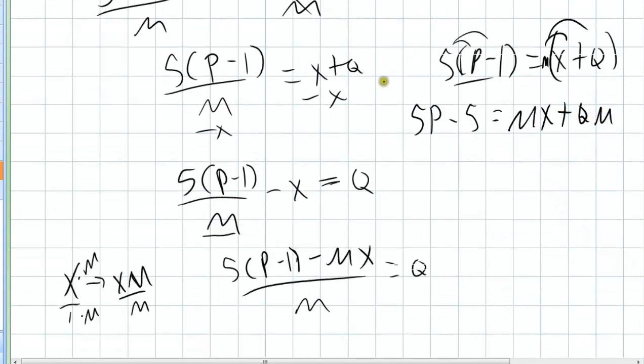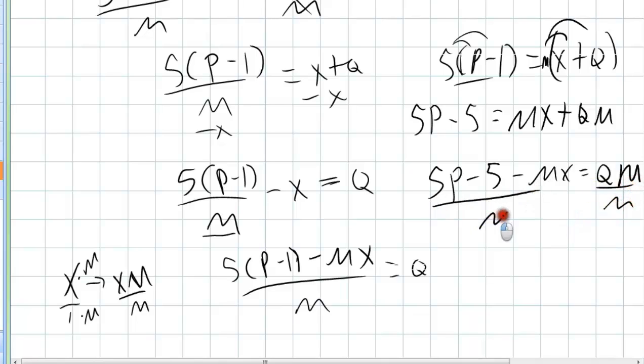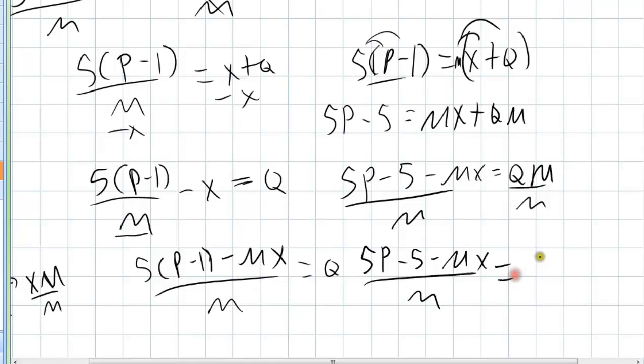Now I'm going to subtract mx. So now we have 5p minus 5 minus mx is equal to qm. Now divide by m. So now we have 5p minus 5 minus mx over m is equal to q.